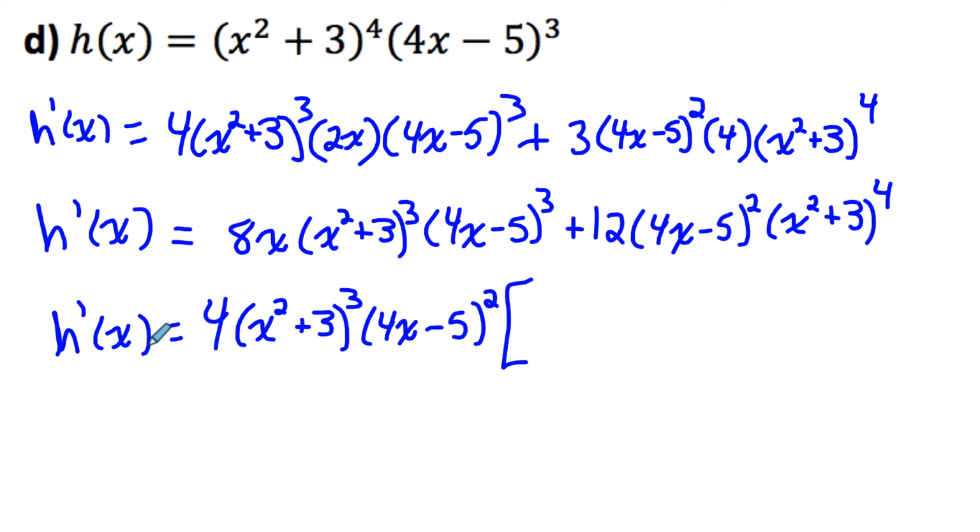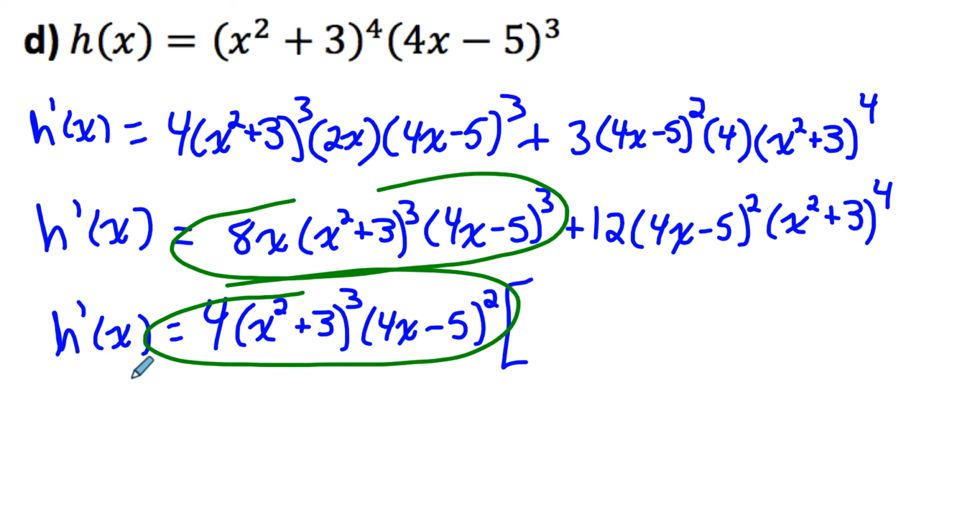Now what I have to do is divide both of the terms, this term and this term, by what we're common factoring out. So let's start by dividing this by this and write the quotient inside these square brackets.